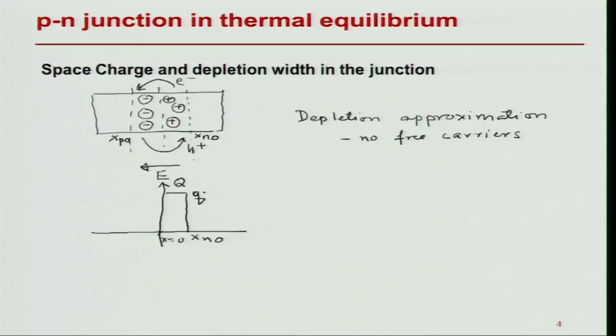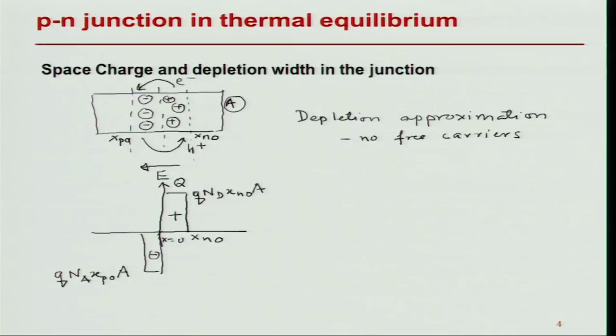The charge on the dopants is the donor concentration multiplied by x_n0, that is the total charge, multiplied by the area, assuming the area for this p-n junction is A. So, this would be the positive charge, and similarly I will have the negative charge on the p side, which will be given by q, the acceptor concentration, x_p0, the extent to which the depletion region is in the p type, and the area.